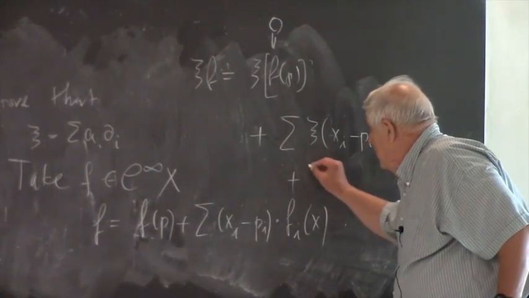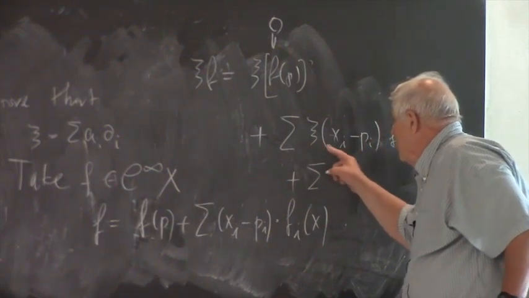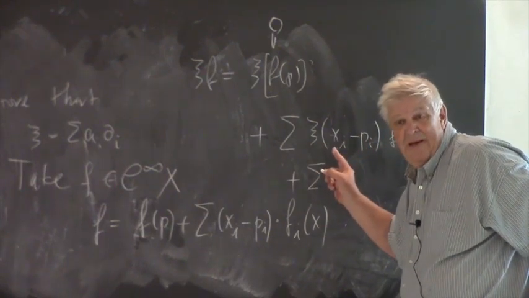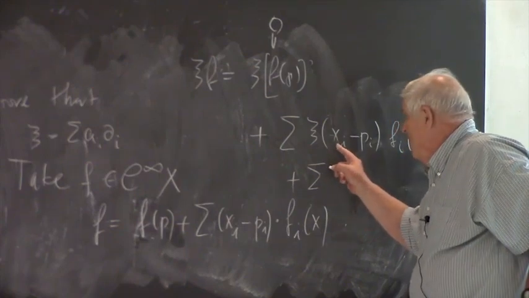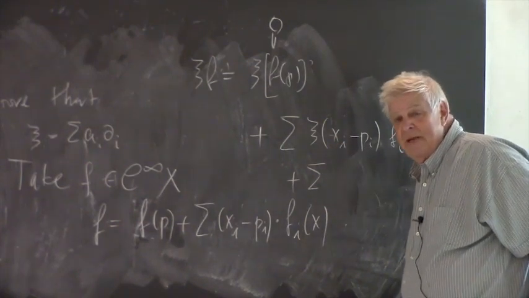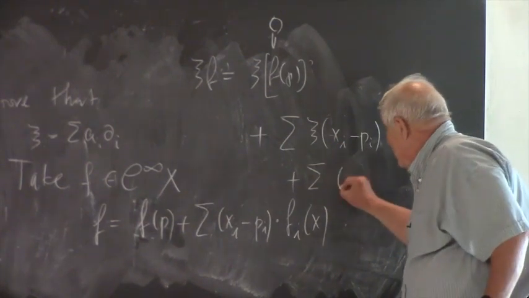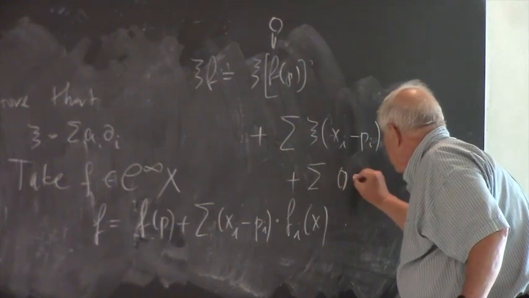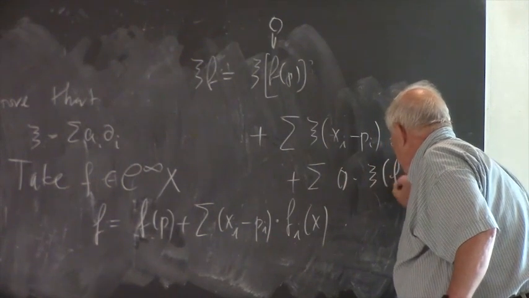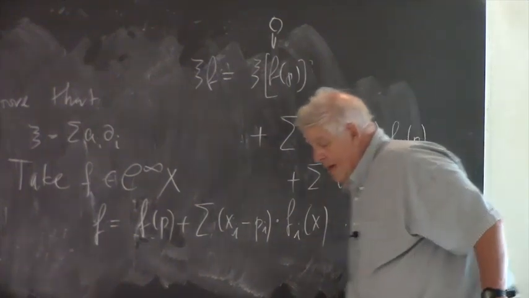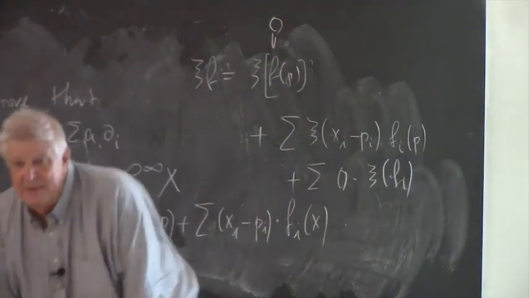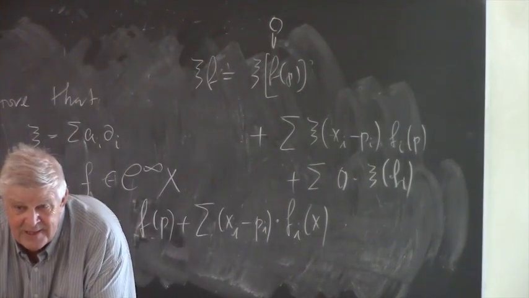Plus the sum. Now we need to compute this at p. But if xi is equal to pi, then xi minus pi is 0, believe me. 0 times C of fi. The second last sum doesn't look too impressive. It is 0.